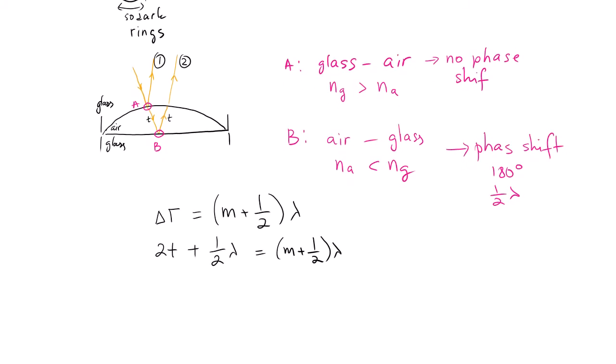So from here we can find that 2t equals m lambda. And then to find the thickness, t equals m lambda over 2.